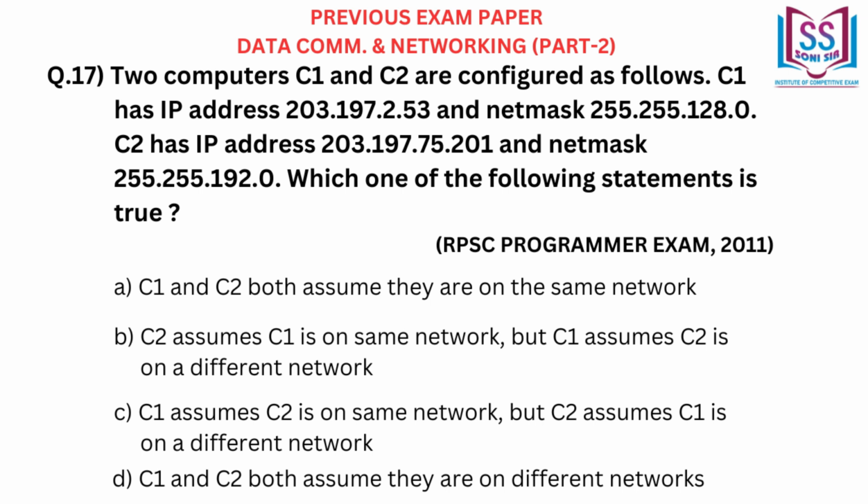C. C1 assumes C2 is on the same network, but C2 assumes C1 is on a different network. D. C1 and C2 both assume they are on different networks. Correct answer C. C1 assumes C2 is on the same network, but C2 assumes C1 is on a different network.